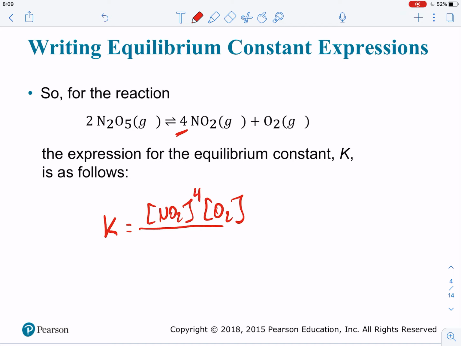Oxygen is just 1 mole, so it's going to be 1 here, but because it's 1, we can actually forget about it. And last but not least is the concentration of N2O5. Since we have 2 of them here, you have to add a 2 there. This is the expression of the equilibrium constant for that reaction. It's rather simple to write.